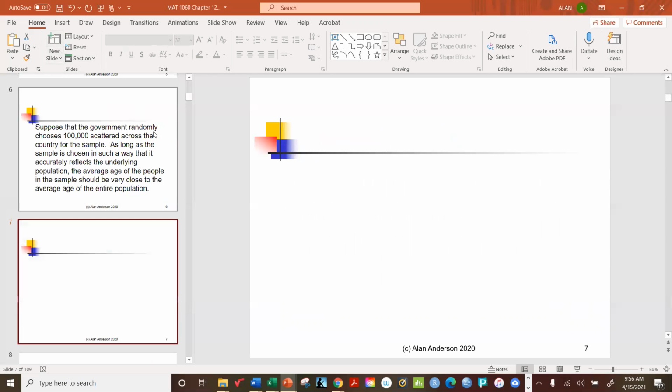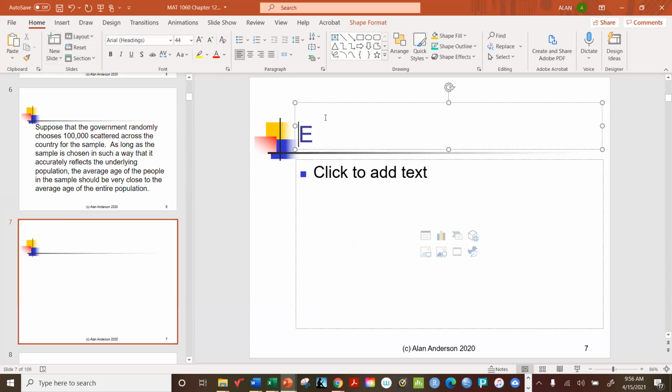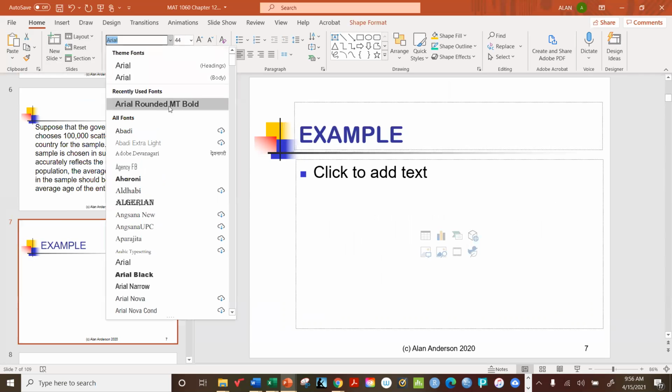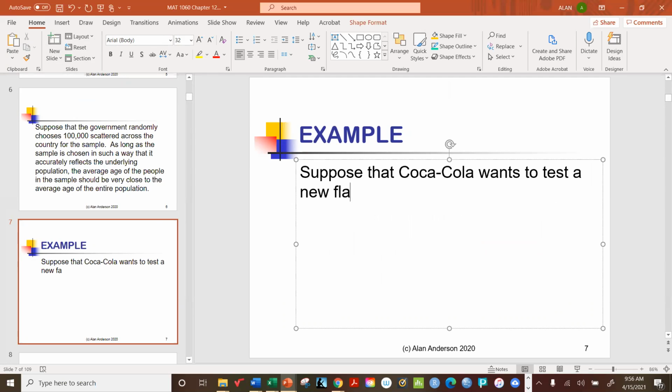Here's another good example, I think. Suppose that Coca-Cola wants to test a new flavor. How about this? What could it be? Pumpkin Coke.